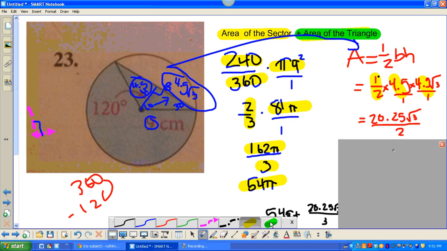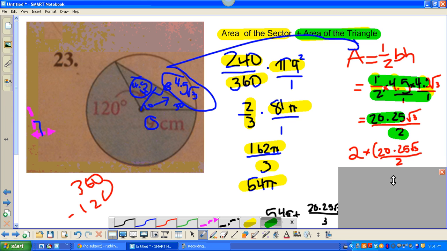What I did in my next step, remember the power of pause. I took 1 times 4.5 times 4.5 to get 20.25, and I tacked on my root 3. And then 2 times 1 times 1 gives me 2. Okay, now that is just the area of this triangle.